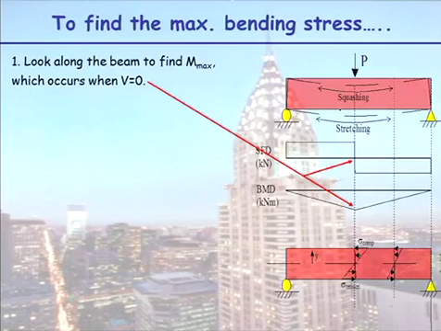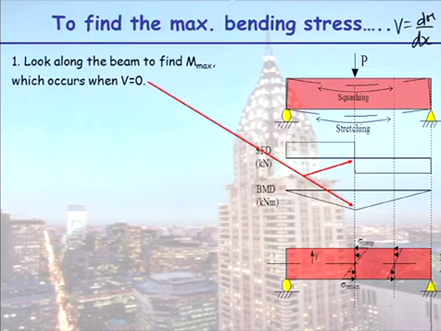As I said, using the formula, the first thing you have to do is draw your bending moment diagram to find where your moment is maximum, and that corresponds to where your shear force is 0. Because, as you all know, V is equal to dM/dx. V is the slope of your bending moment diagram.